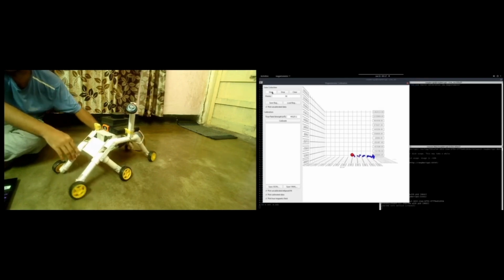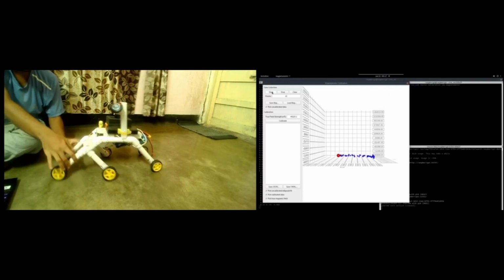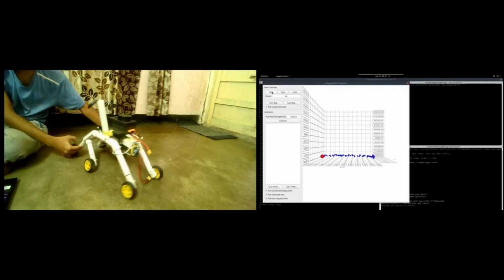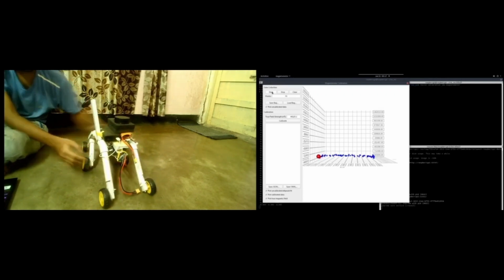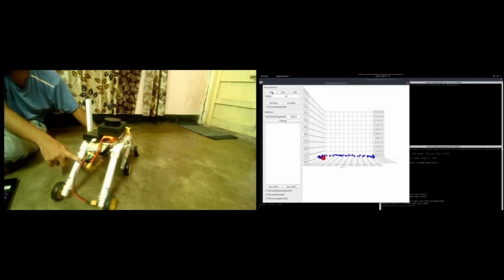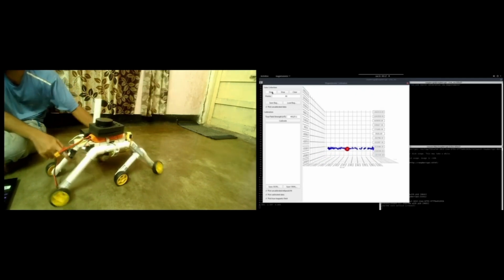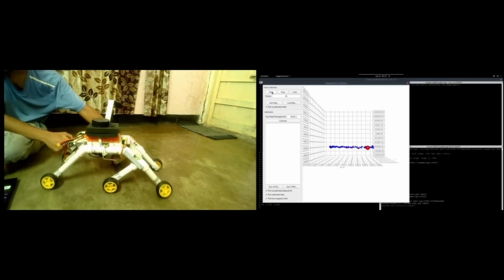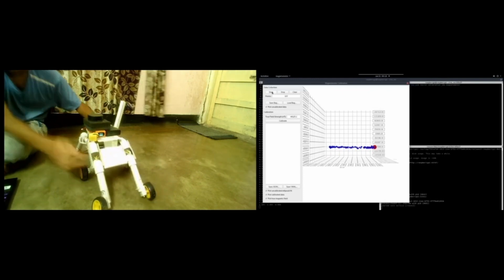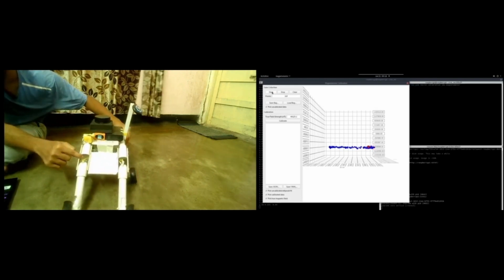As you can see, the red dot is the current X, Y, and Z component of the magnetic field, and the blue points are the points which have already been passed by the bot. When I rotate the bot, the points are plotted in a circular manner, but as you can see, the points are not completely circular in nature. Some points have gone up or down the line. Those are caused by the disturbances.